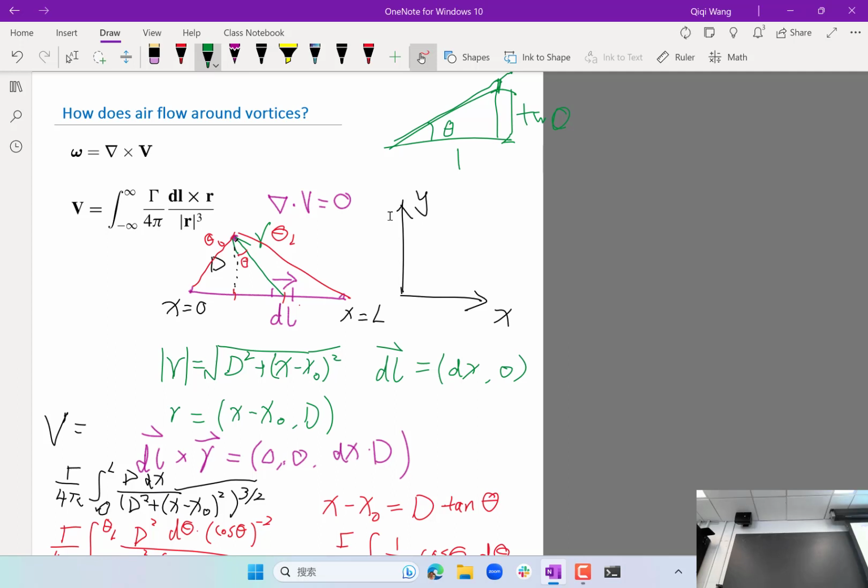The perpendicular line and the vertical segment form a similar triangle to this triangle over here. So to get this small vertical segment, you need to divide this d theta over cosine theta by another cosine theta. That gets you d theta over cosine theta squared.